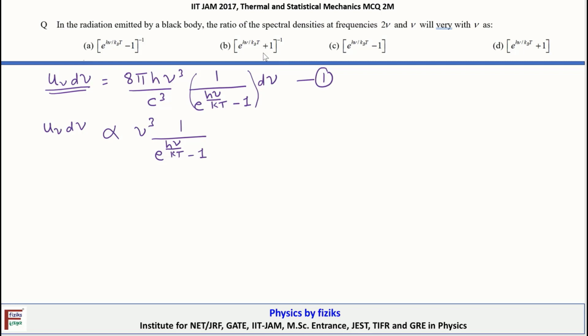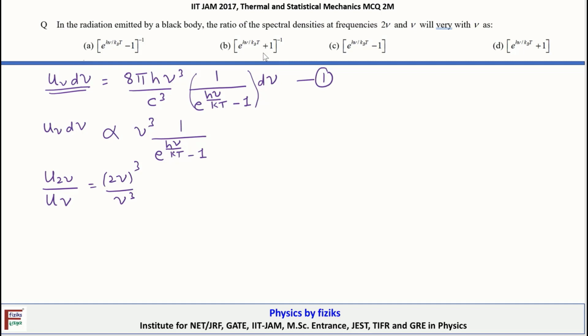Okay, so now we have to evaluate this ratio at two different frequencies. That means we are supposed to evaluate the spectral energy density at these two different frequencies, u 2 nu upon u nu. Okay, and this is equal to 2 nu cube upon nu cube, and then the exponential factor at two different frequencies.